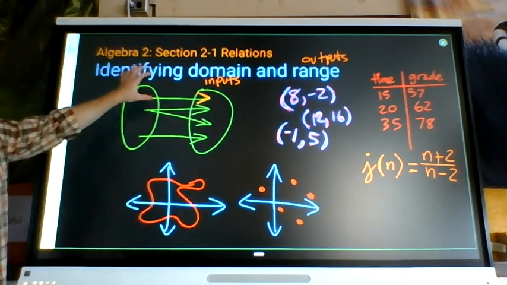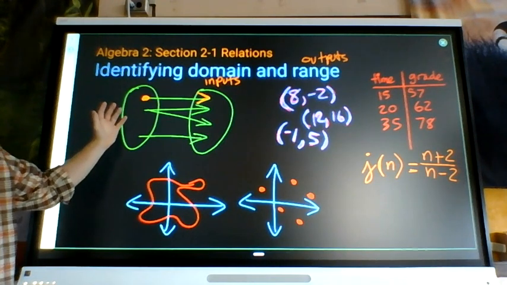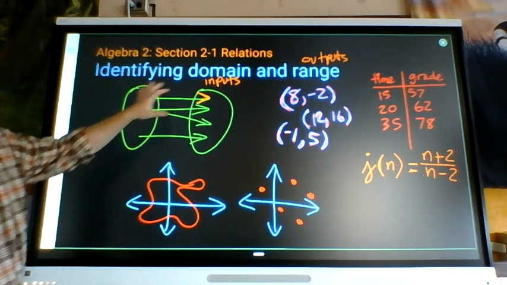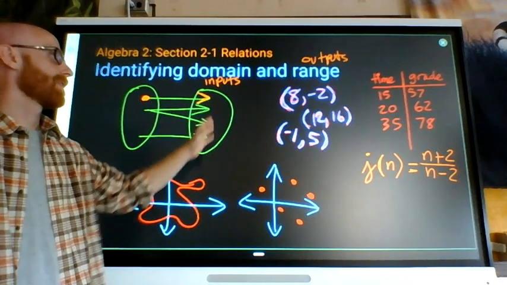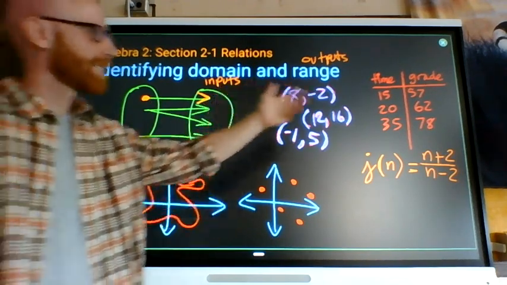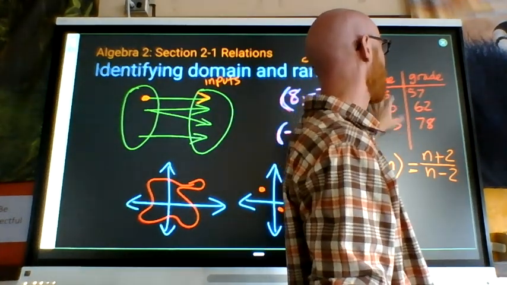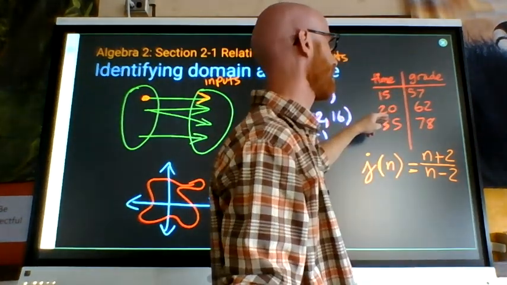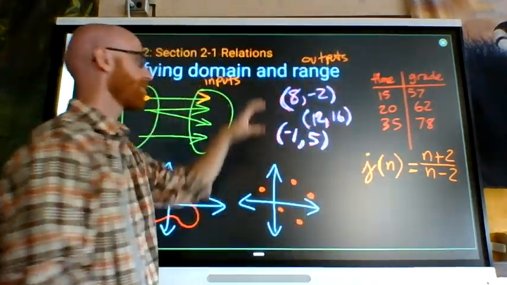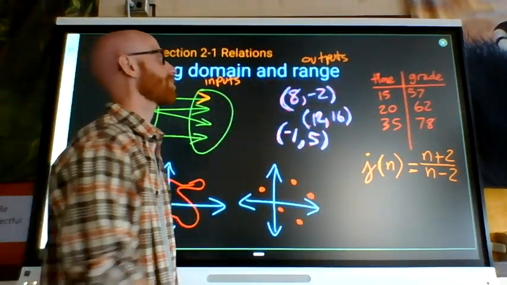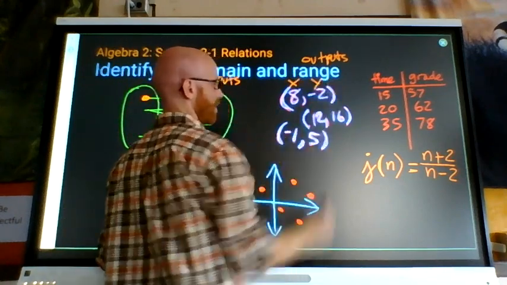So the circle from which the arrows begin would be your domain. Whatever's in there would be your domain. And the things in the circle where the arrows go to would be your range. Similarly, in a table, usually the column on the left would represent your domain, 15, 20, and 35. The column on the right would represent your range. If you have ordered pairs, x values are domain, y values are range.